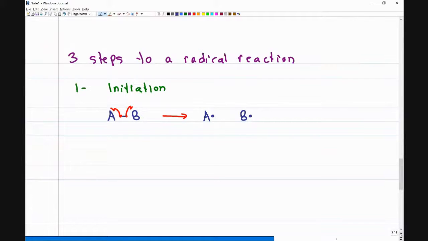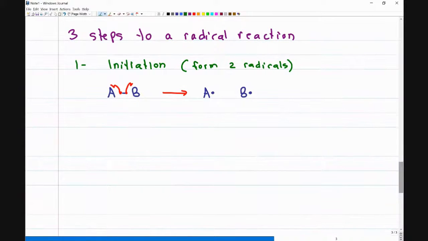Initiation is when I have no radical creating a radical. So this is when I form a radical, or form radicals, technically 2. And this is the first step that you're going to see in the mechanism for a radical reaction, because without it, you don't have a radical to react.